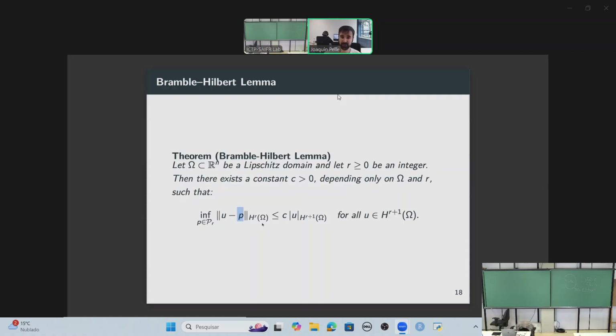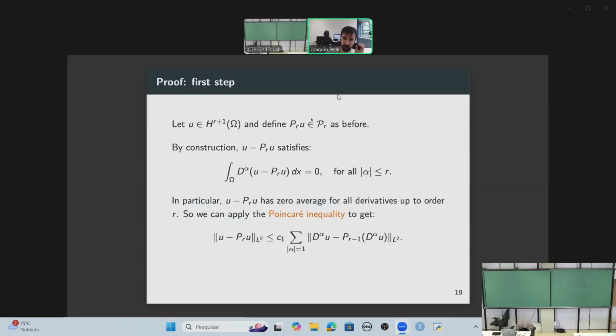So essentially, we are giving a constructive proof. And this is what the projection operator that we defined is useful for. So let's see how it goes.